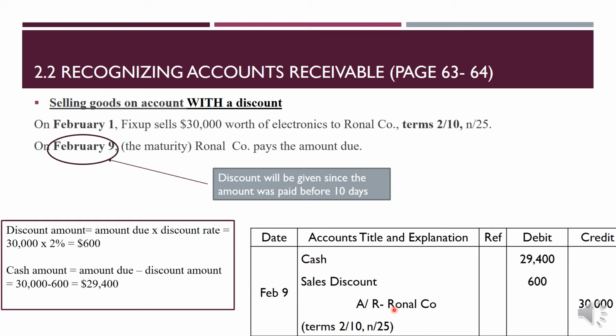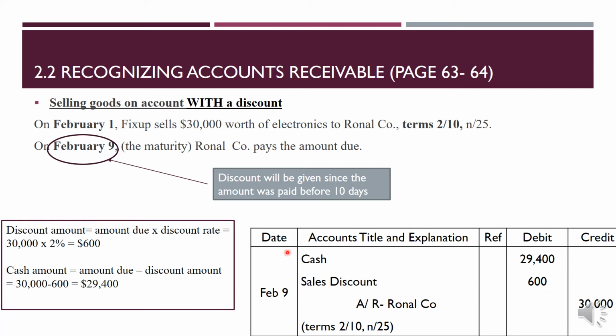The accounts receivable is the total amount, it's $30,000, but the company will give Ronald a 2% discount on the amount purchased. So this is the discount amount, $30,000 times 2%, which is 0.02. So the discount will be $600. This is the sales discount on the debit side, $600.